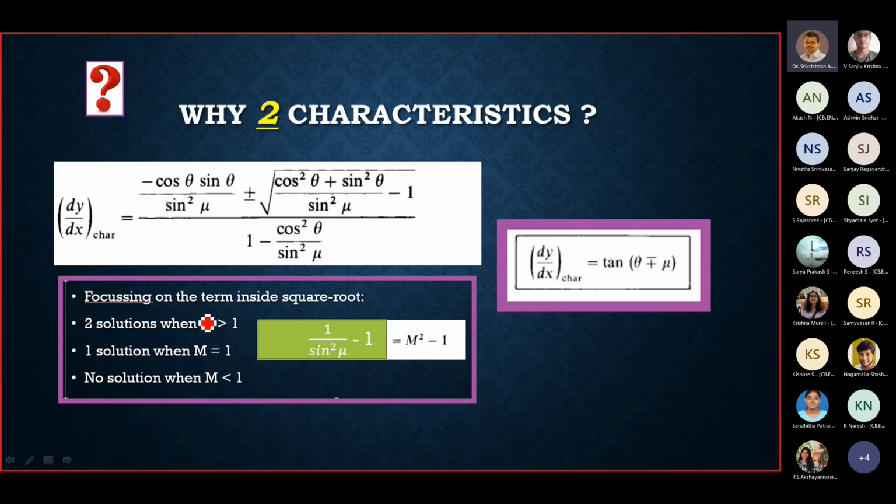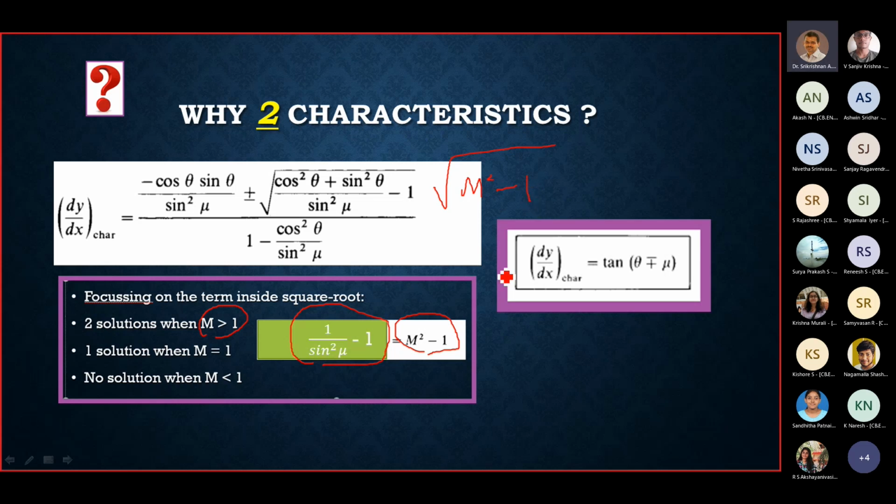And we also see that for M greater than 1, within the square root here you have cos squared theta plus sin squared theta by sin squared mu, minus 1. As I mentioned, it's 1 by sin squared mu minus 1, which is nothing but M squared minus 1. So what you have inside the square root is M squared minus 1.